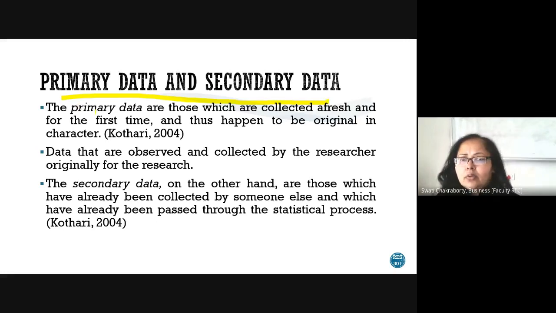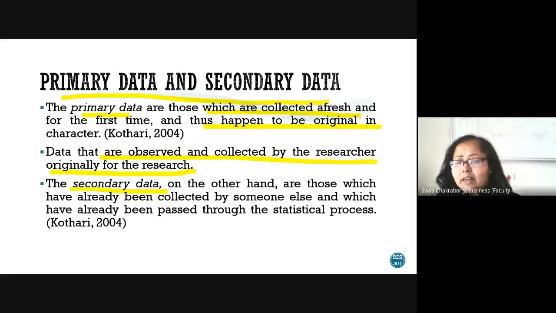Primary data is data collected for the first time, and thus it is original in character, right? Data that are observed or collected by the researcher originally for research is called primary data.